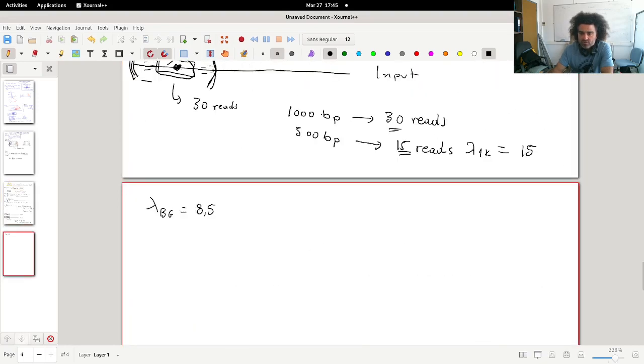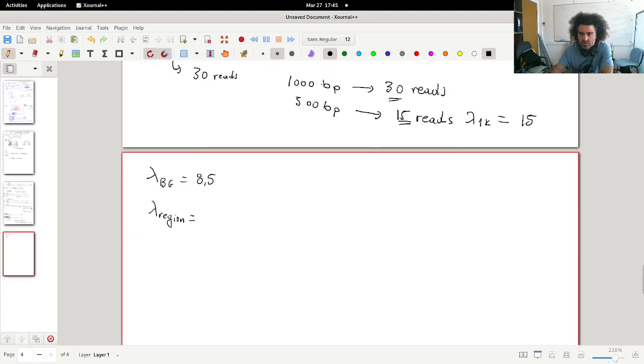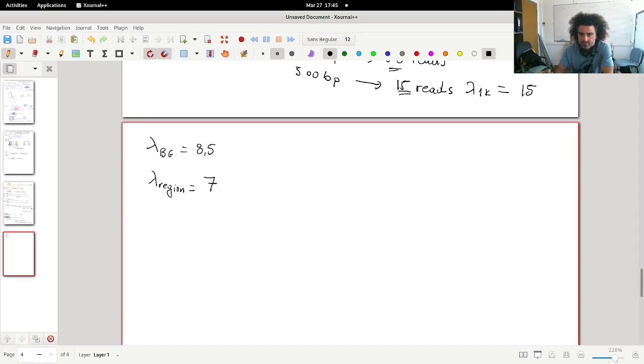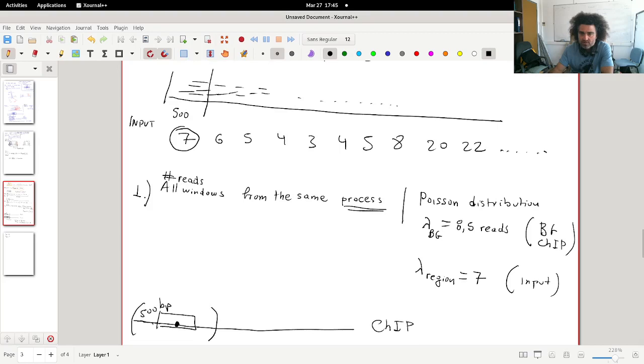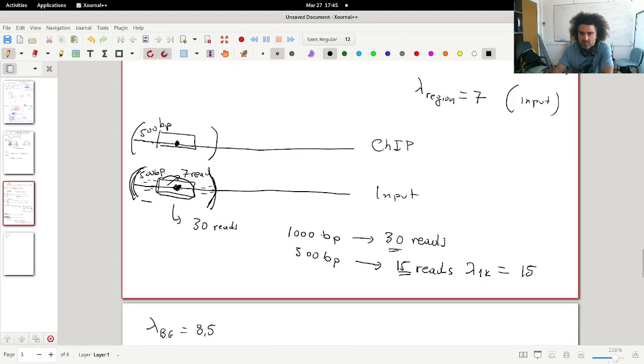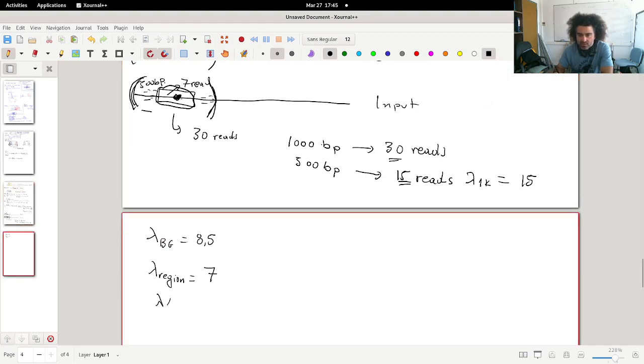We have the lambda region, which is 7, because in the corresponding reads in the input we have 7 reads, and we have the lambda 1kb, which is 15, because in the 1kb region around the center of the window in the input we have 30 reads in 1000 base pairs, which means that in 500 base pairs we would have 15.